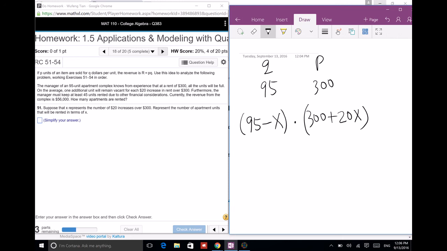The first question is to represent the number of units, and simplify the answer in terms of x.